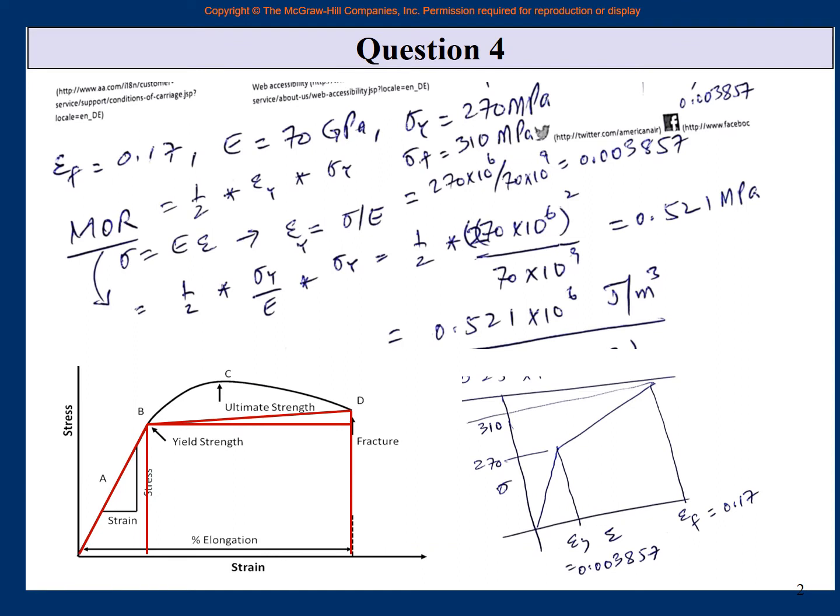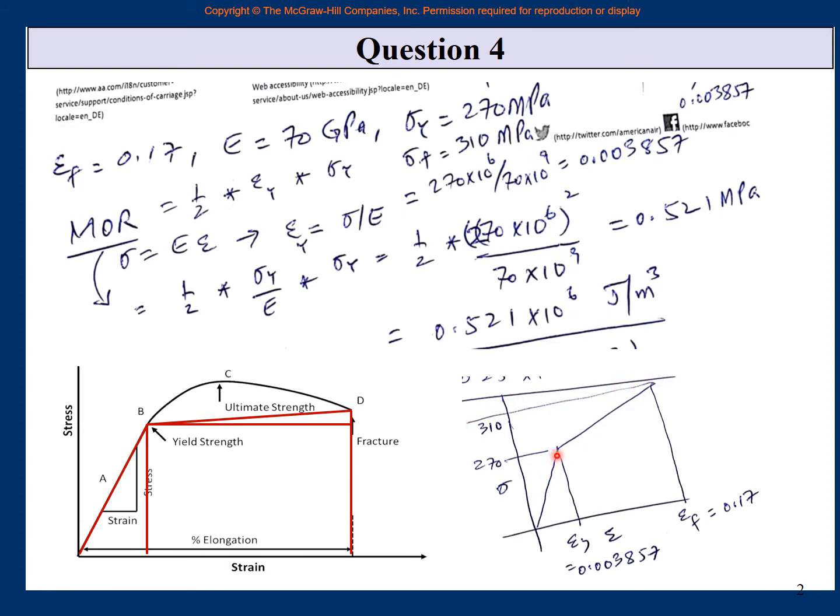So I am showing you this. This got slightly tilted, but this is exactly this. The yield point was 270, and then you have to find epsilon at yield. Similarly, from here you go to the fracture stress, which is given as 310.